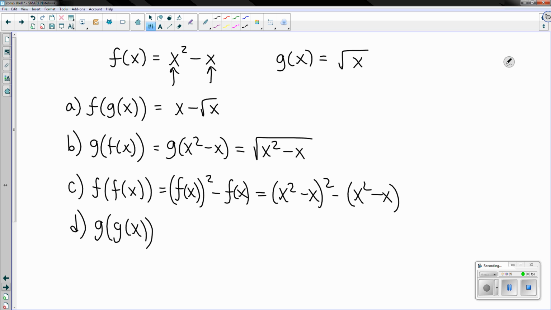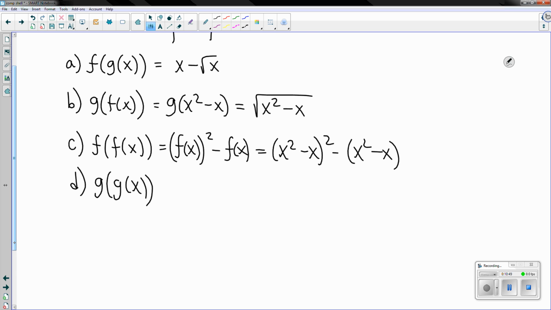By the way, whenever you input an expression that represents the function into another function, put parentheses around it, especially if there are multiple terms to that expression. Now we could clean this up because it looks like terms will cancel if we expand this quadratic.